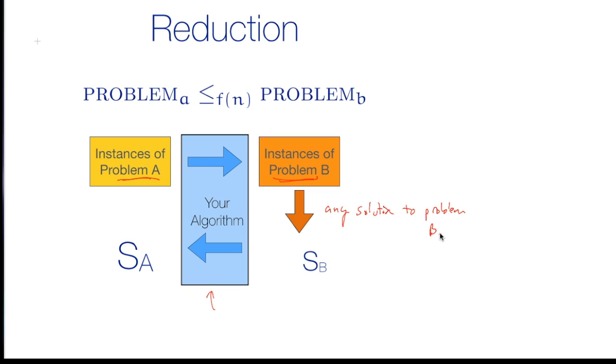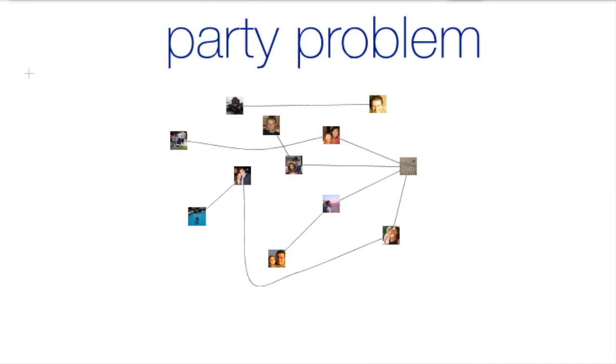But this theory is so general that we can even talk about problems for which we might not have a solution to B. Why would we want to do that? Because this type of argument gives us a way of saying problem B is as hard as solving problem A. This idea of a reduction lets us compare the difficulty of problems, even for problems where we don't know of a solution. So let's go through a few examples.